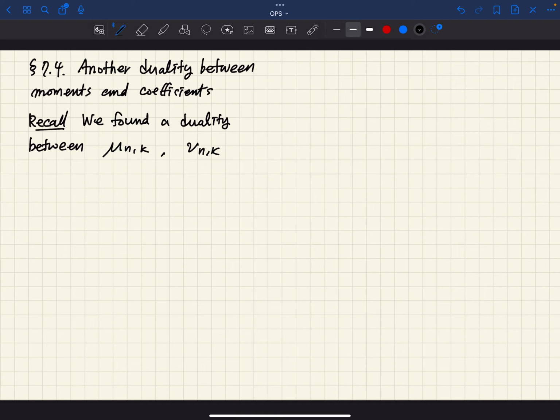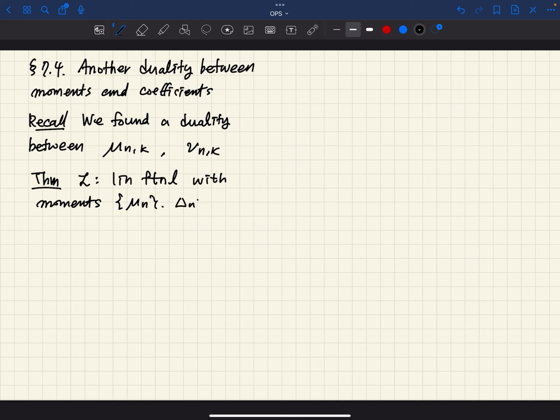So, theorem. Actually, this theorem we proved before. So L is a linear functional with moment sequence mu_n.